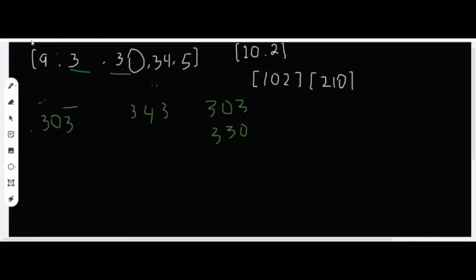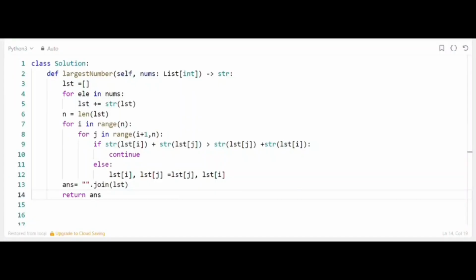That's it. Another case can be that if the elements you have in the string are 0 0, then according to this code, it will give us the answer of 00. That is not the requirement. You need only 0.